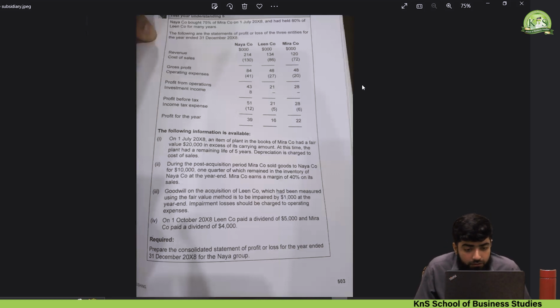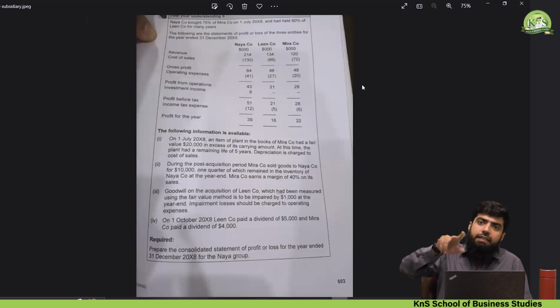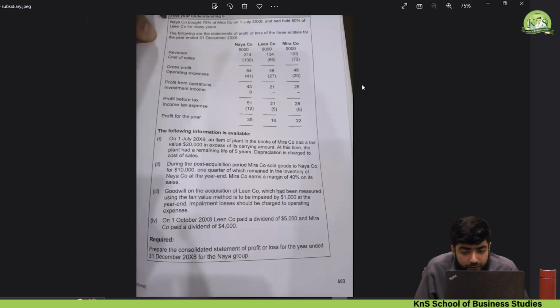Third is the goodwill on the acquisition of Lien company, measured using the fair value method, which is to be impaired by $1,000 at the year end. So the goodwill of Lien company is impaired, not Media company. Impairment losses should be charged to operating expenses.